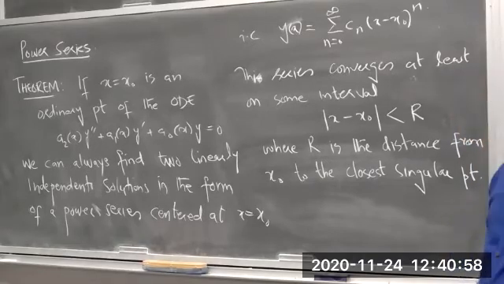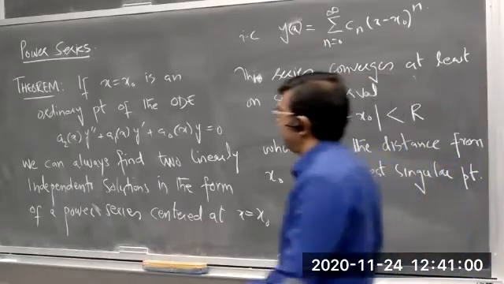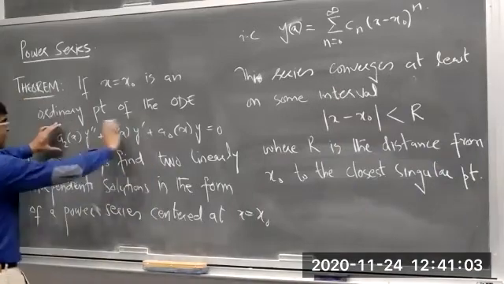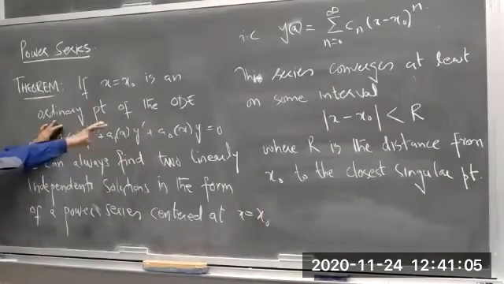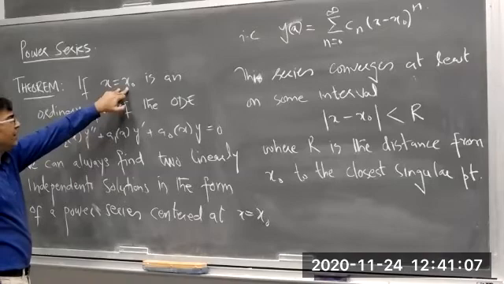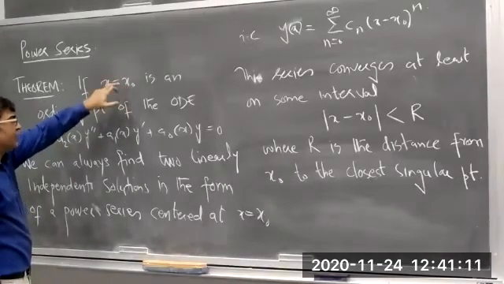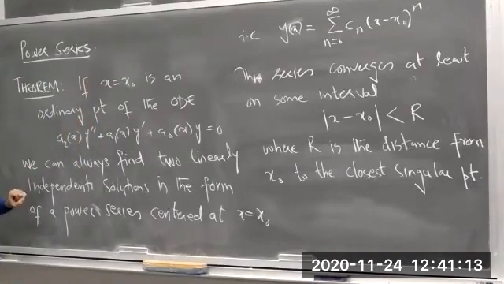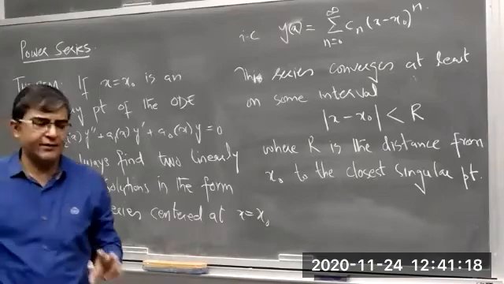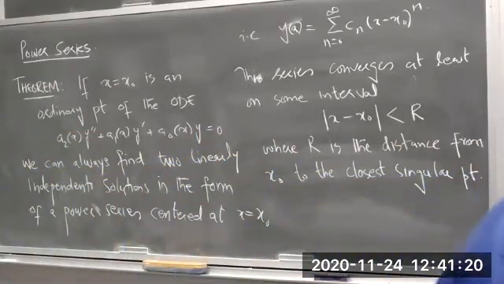Now, what does this theorem tell us? Any second order differential equation can be solved around any ordinary point x equal to x naught. If x equal to x naught is an ordinary point of this differential equation, then we can always find two linearly independent power series solutions. Why is it important to find two linearly independent solutions?